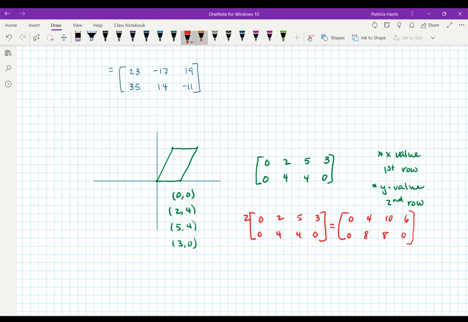Let's graph that, see what it looks like. 0, 0, 4, 8, then 10, let's see, that's 3, 6, 10, 8, and then 6, 0. So what happened to your parallelogram? Looks like it got bigger, right? Okay.